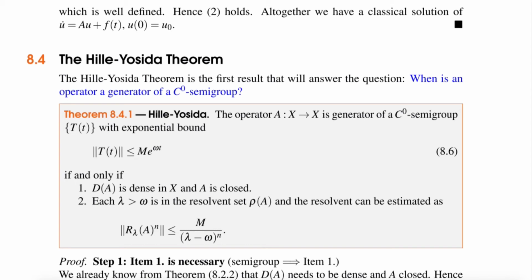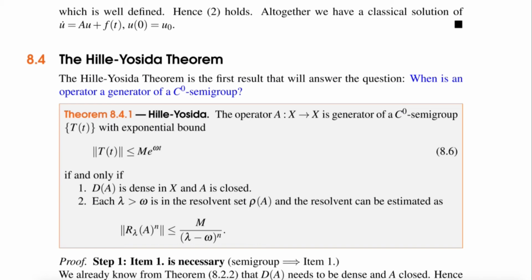So we have an operator A in a Banach space X. This is the generator of a C0 semigroup with exponential bounds, so the norm of T(t) is bounded by M e to the omega t, if and only if we have two conditions: D(A) is dense and A is closed.